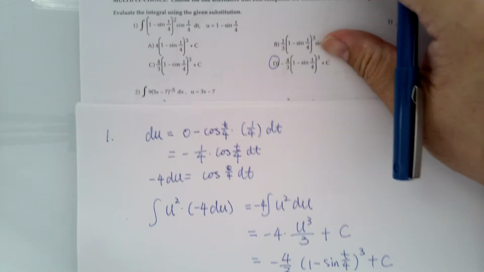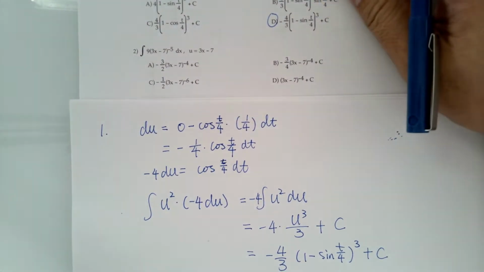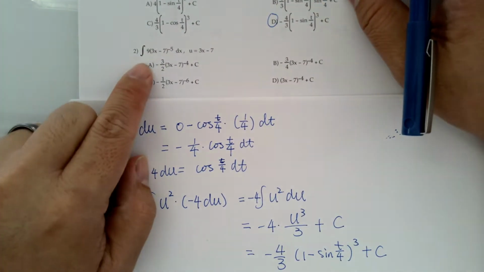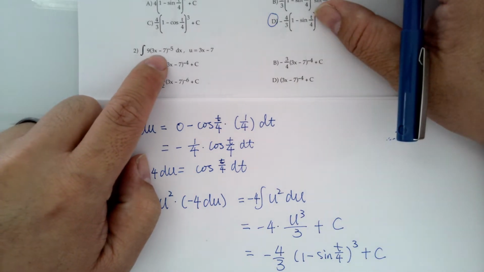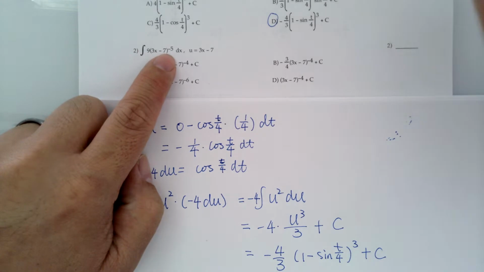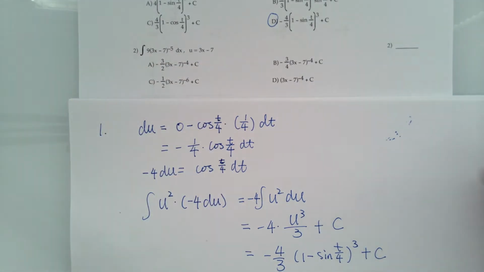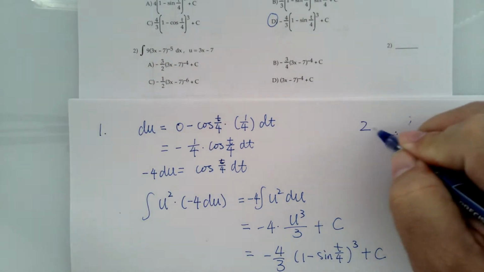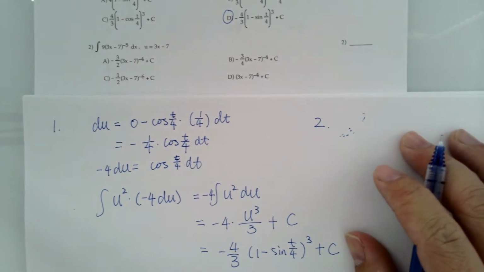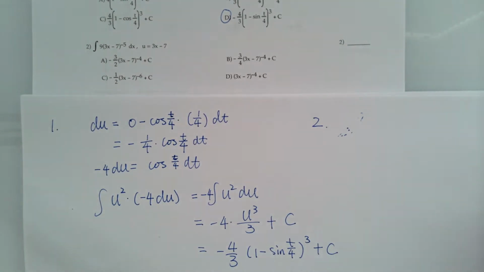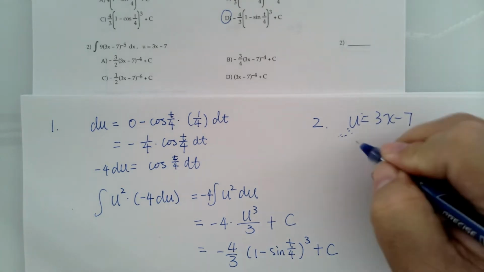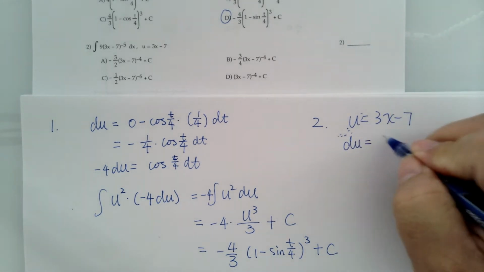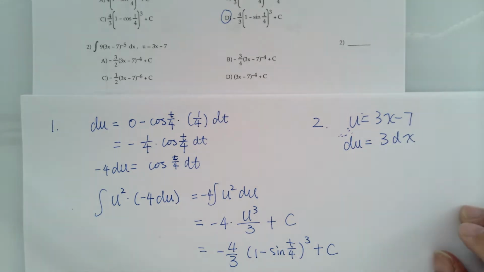Okay. So now next one, problem 2, the integral of 9 times 3x minus 7 to the power of negative 5, and this is the u substitution. So for number 2, since u equals 3x minus 7, du is going to be 3 dx.